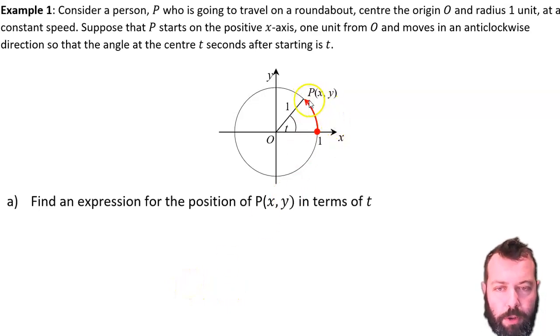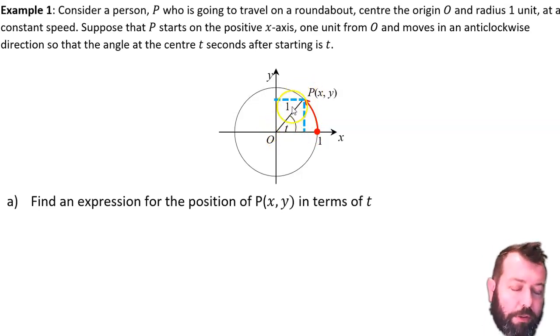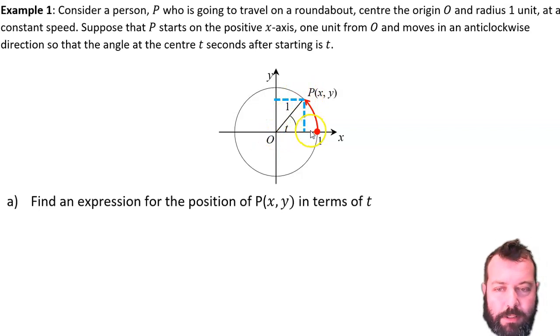Well, in terms of t, what are the coordinates of x? If I draw a little right angle triangle here, where t is this labelled angle, then I have a hypotenuse of 1. My adjacent side here is going to be the x-coordinate, and my opposite side here is going to be my y-coordinate.